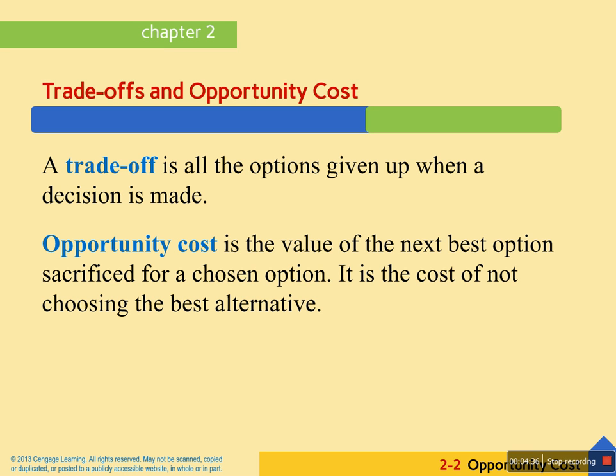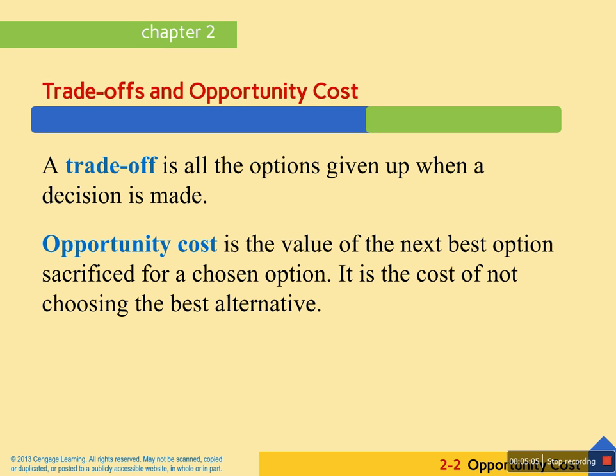Okay, trade-offs and opportunity costs. A trade-off is whatever decision you make, which could be economic based or it could just be life based. Really, it's everything else you give up when you make a decision to do something, and the opportunity cost is the value of that decision. In class we did the opportunity cost of smoking, and we used smoking versus investing your money for a long period of time in the stock market at an 8% rate of return.